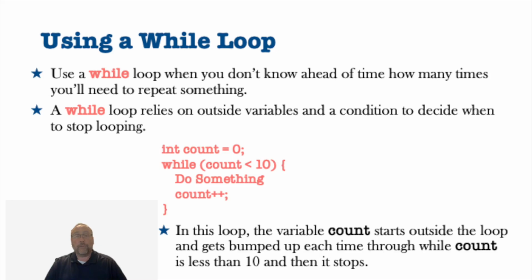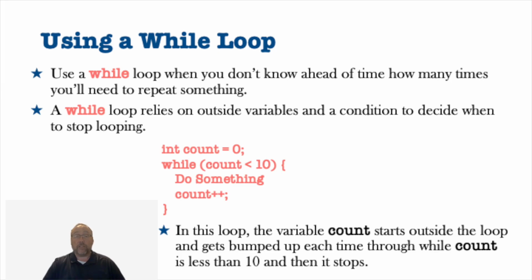A while loop can do the same thing, but it also can do some different things. We use a while loop usually when we don't know how many times we're going to repeat a process. And a while loop is a little different than a for loop because it's going to use a variable that gets initialized outside of the while loop. So here's an example. In our for loop, if you remember, we declared count within the parentheses.